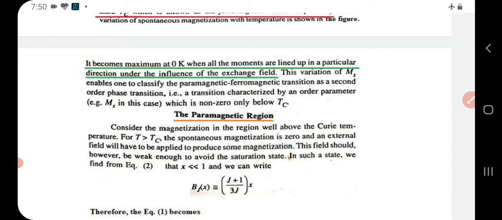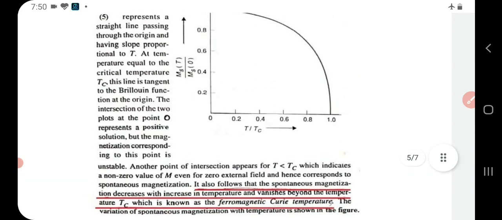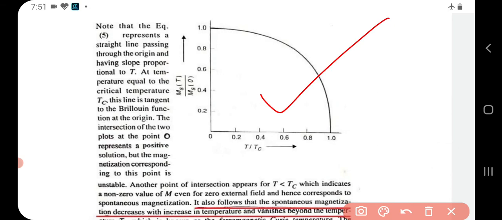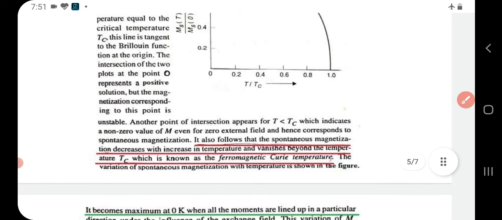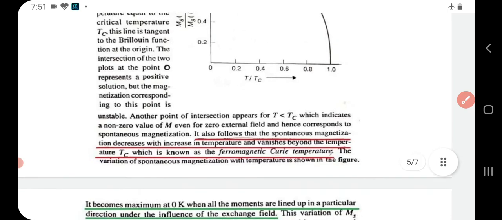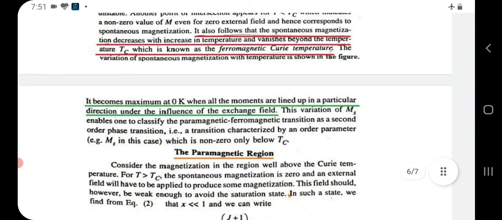The variation of Ms enables one to classify the paramagnetic-ferromagnetic transition as a second order phase transition. So what is the significance of this figure? It shows the variation of spontaneous magnetization with the temperature, and we will be able to classify the paramagnetic-ferromagnetic transition as a second order phase transition.